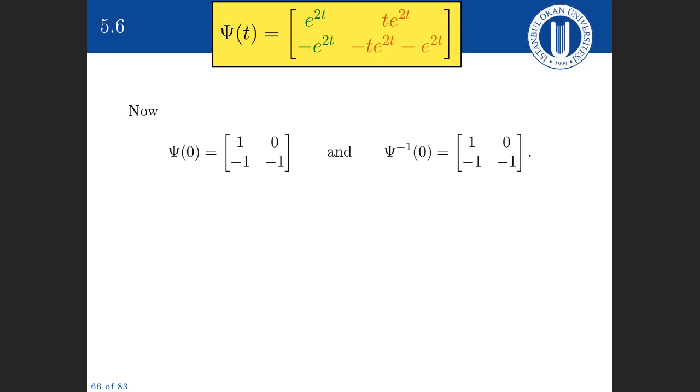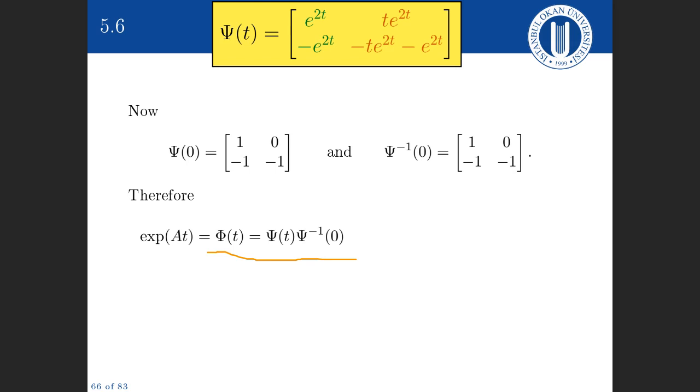And if we then take the inverse of this matrix, we get (1 0; -1 -1). Why am I doing this? Because the capital phi that we want to find is the same as this fundamental matrix capital Xi multiplied by Xi inverse at time 0.